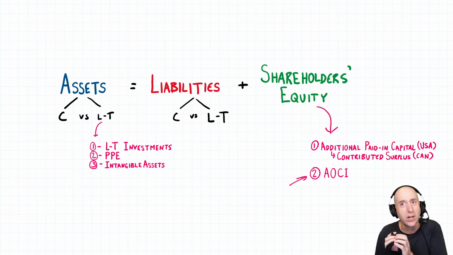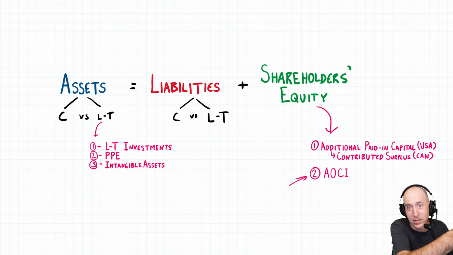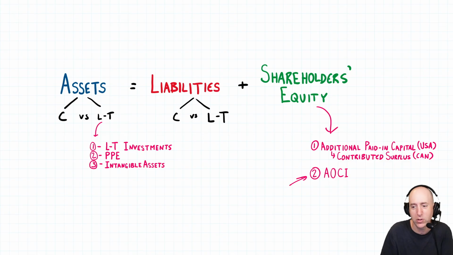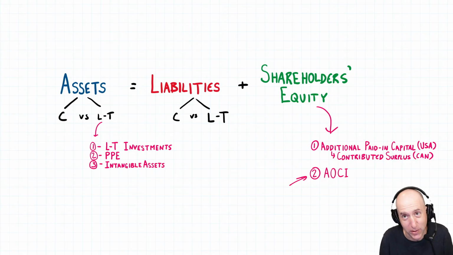We put it in other comprehensive income. Well, at the end of the year, net income goes into retained earnings. Other comprehensive income goes into this balance sheet account called accumulated other comprehensive income, AOCI. That's a new concept on intermediate accounting balance sheet.